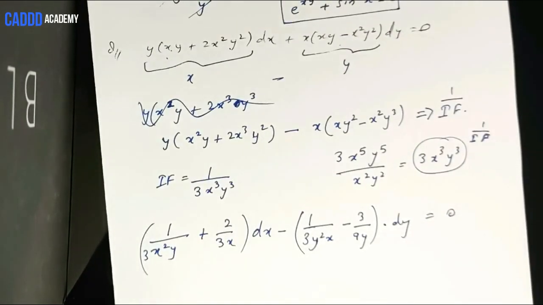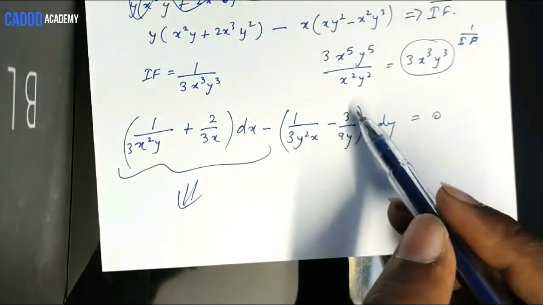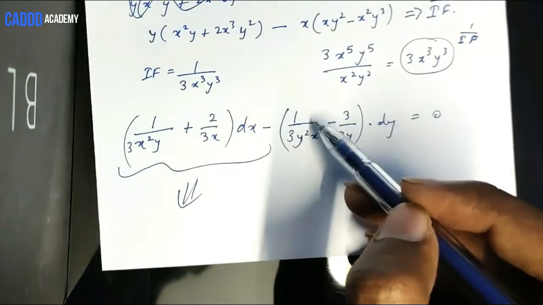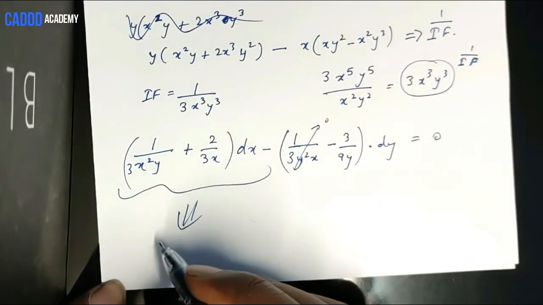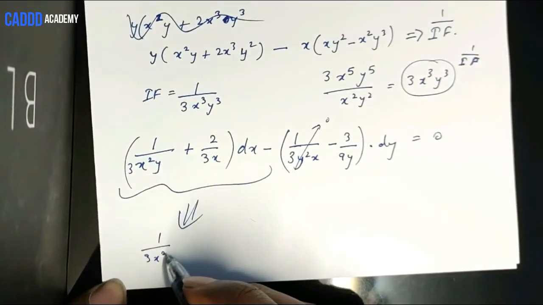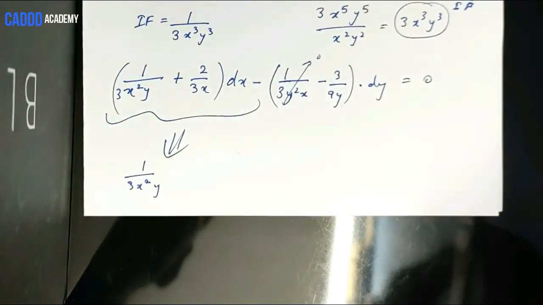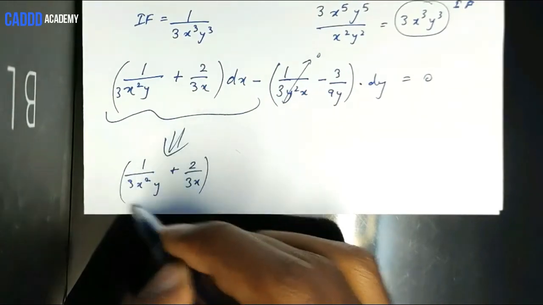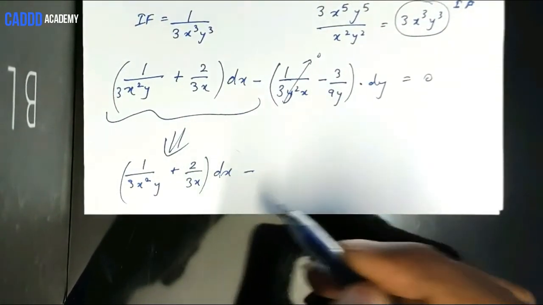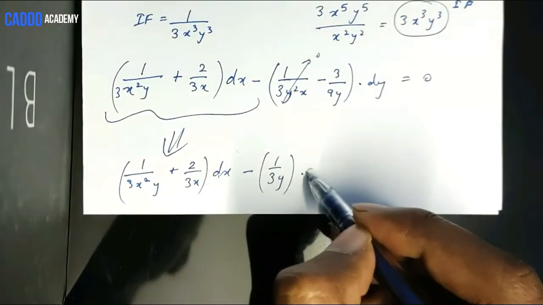So we will take this term as it is. Okay, and at the same time we will take the term from here which does not contain x, so this term gets discarded. So we will have 1 by 3x square y plus 2 by 3x dx minus 1 by 3y dy.